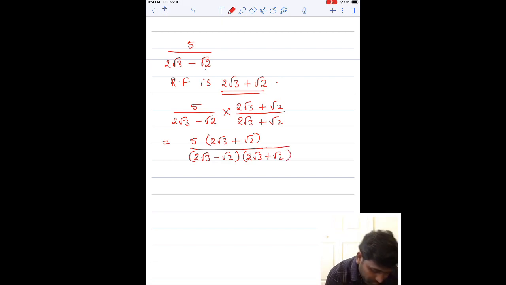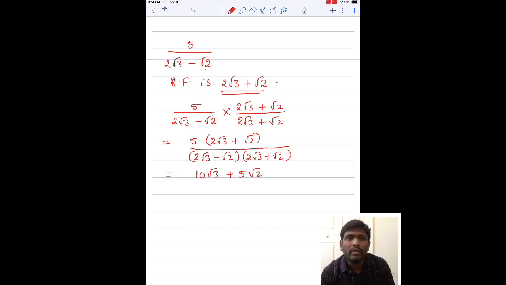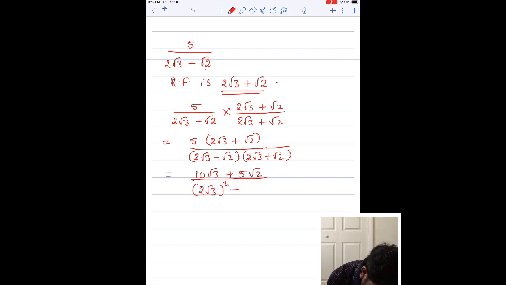Now if you observe the numerator, you can directly multiply: 5 times 2 is 10, 10 root 3 plus 5 times root 2 is 5 root 2. For the denominator, if you observe, it is in the form of the identity (a minus b)(a plus b). So let us use that identity.